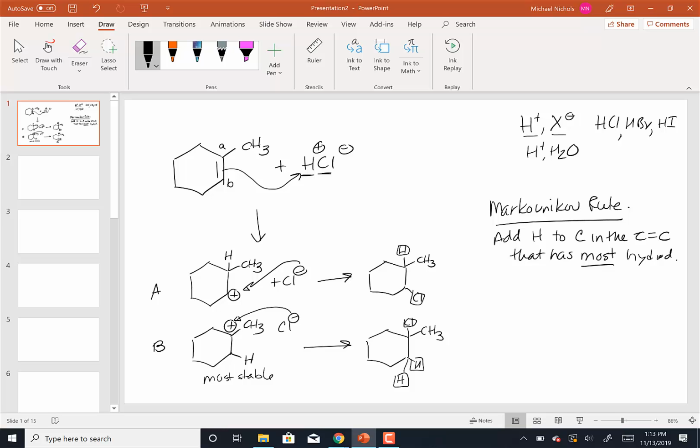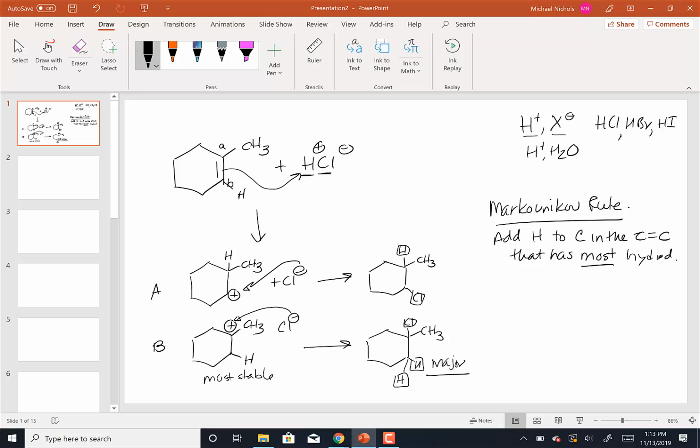In the reaction we just did, carbon B had one hydrogen attached to it, carbon A had 0. So that means that the major product we would predict would be the one where the hydrogen is added to the carbon with the most hydrogens. And that is what is called Markovnikov addition. Okay, because it follows Markovnikov's rule.